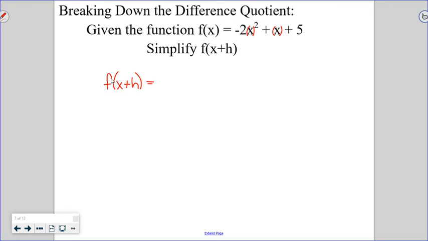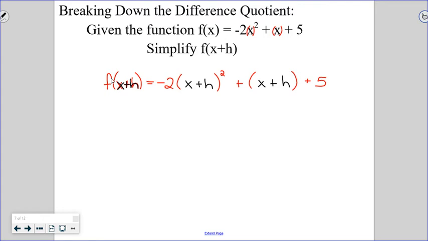So I've got -2 times x squared plus x plus 5. And they are specifically asking me to evaluate this at x plus h. So everywhere there was an x, I'm going to fill in an x plus h. And then we clean up as best we can.